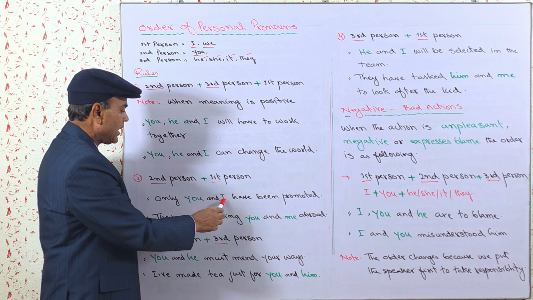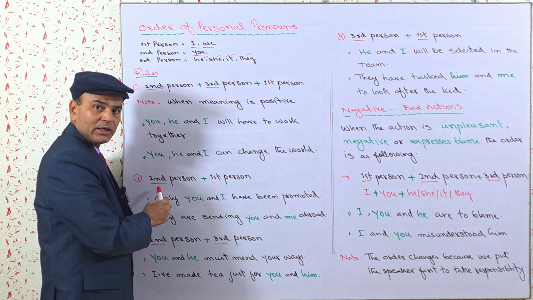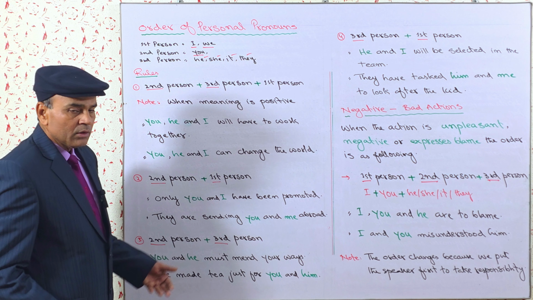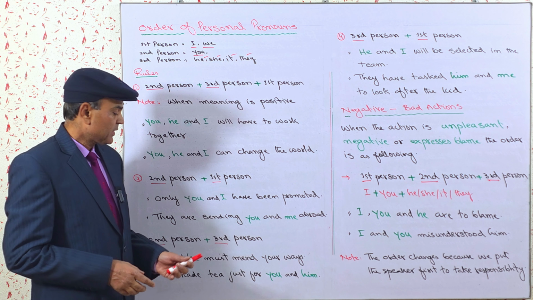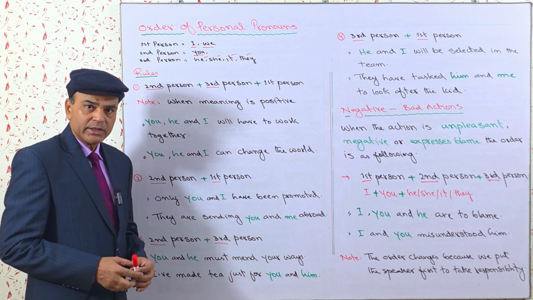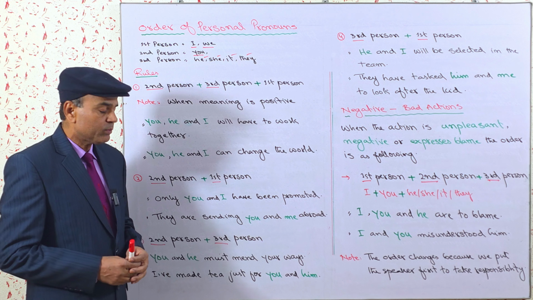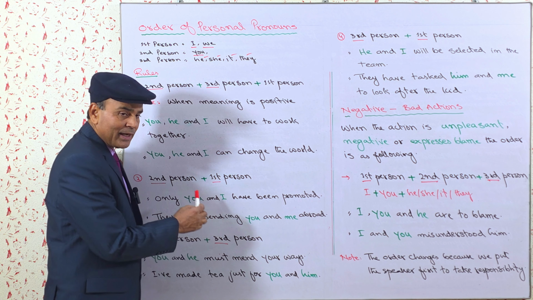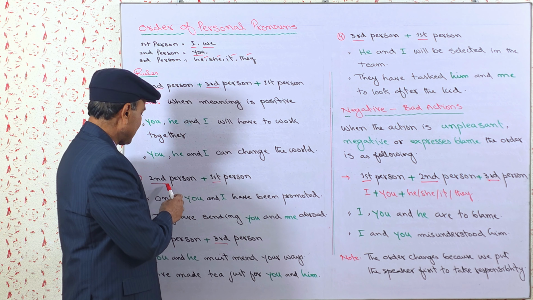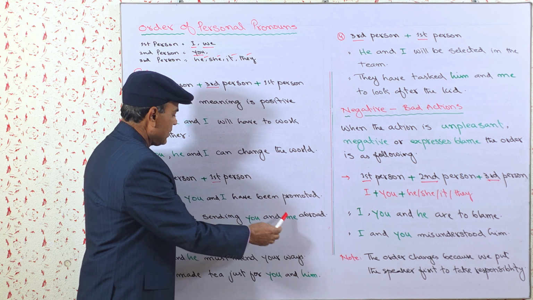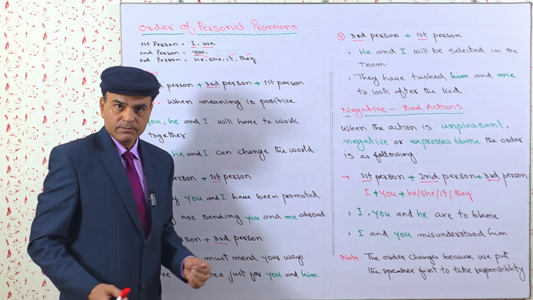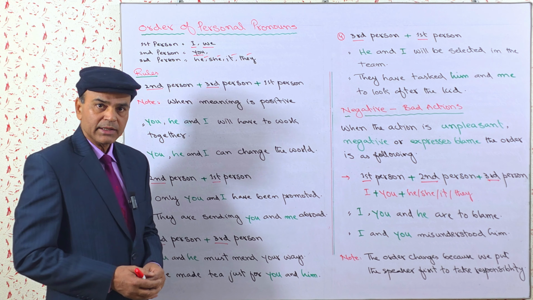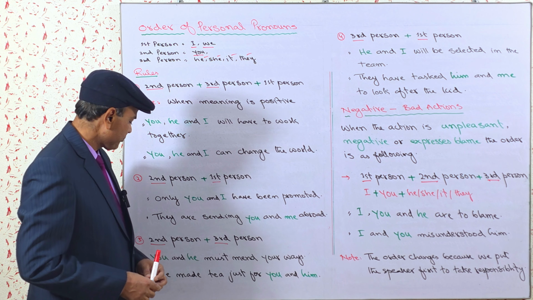So here you and I, we are following this order, second person and first person. They can also be used as objects. In the first sentence, you and I are subjects, but they can also be used as objects. Like in the second sentence: they are sending you, second person, and me, first person, abroad. So I placed second person first and first person later in the sentence.